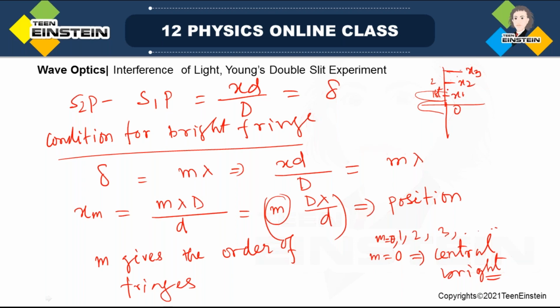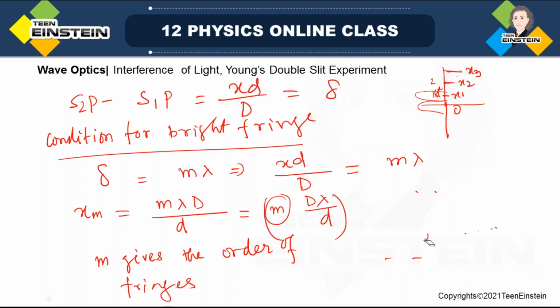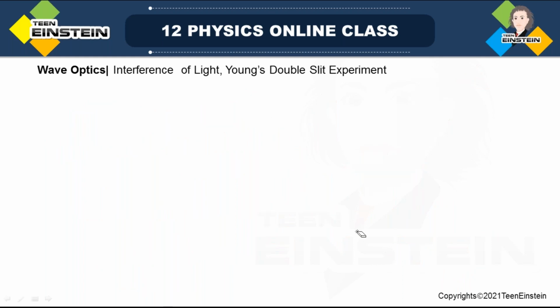Then another fringe, that is the first bright, then second bright, and in between there will be dark. So this is how we get the position of the bright fringes, and the general expression for the bright fringes is this. I'll write it here.